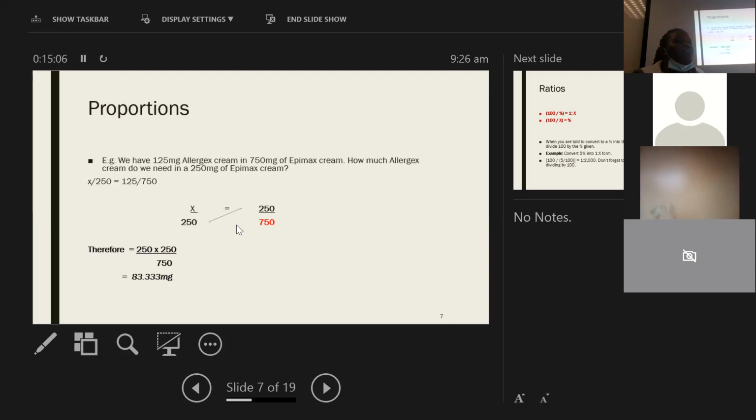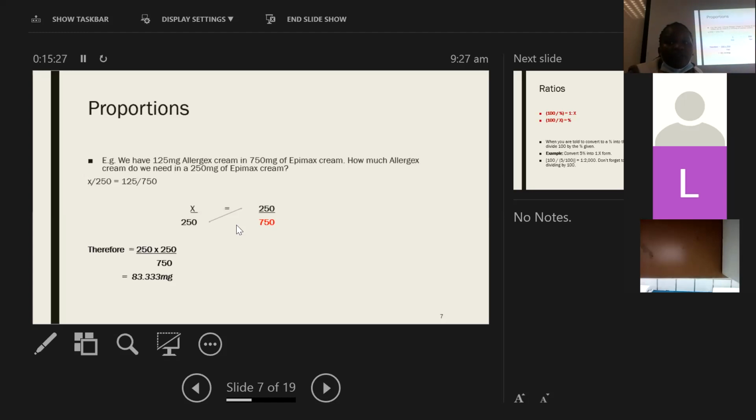Whenever I use an X or a letter or a placeholder, that's the figure that we're going to try and find or work out. The reason why we put it in this format is because the 250 is under the X, that's the small X. You agree? And then the 750 under the 250 is the big Epimax, right?